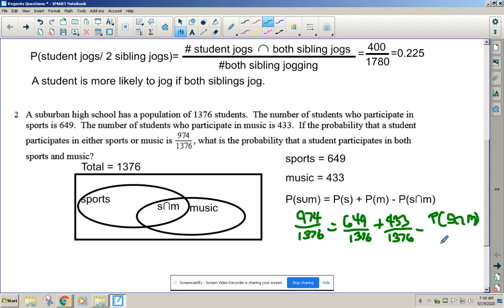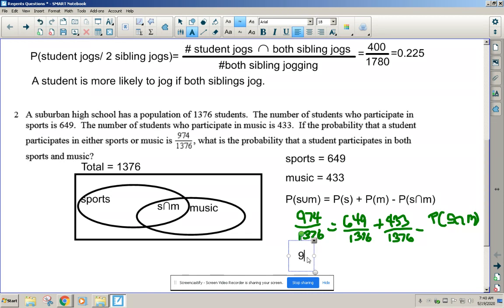Now, the thing is, all my denominators are the same. So since all my denominators are the same, what I'm going to do is drop the denominators, just like we would have done when we did the fraction unit. And let's just take a look at this in terms of the numbers.